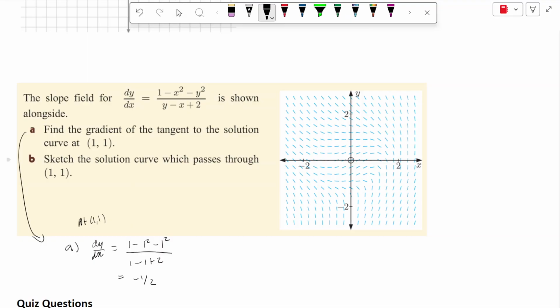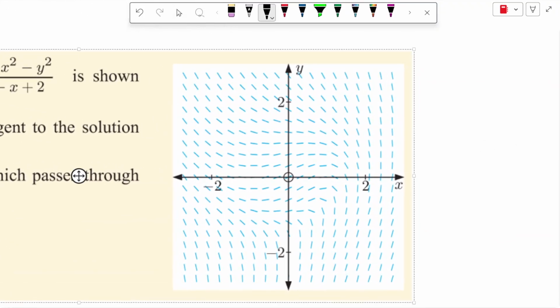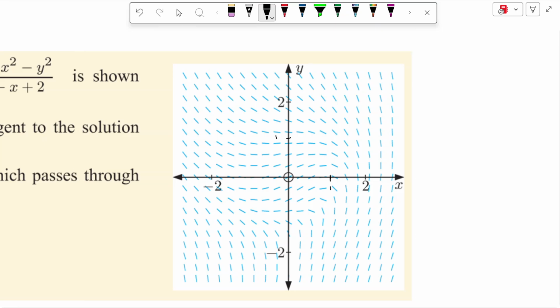Now, sketch the solution curve which passes through (1, 1). So I'm going to locate, there's about 1 there, there's about 1 there. So I'll locate it here, and we're going to sketch the solution curve. So we've got to follow the slopes here, and it looks like it may be getting a bit steeper up there. And then here, we've got to follow these slopes down. And it looks like it may even be bending back on itself a little bit.